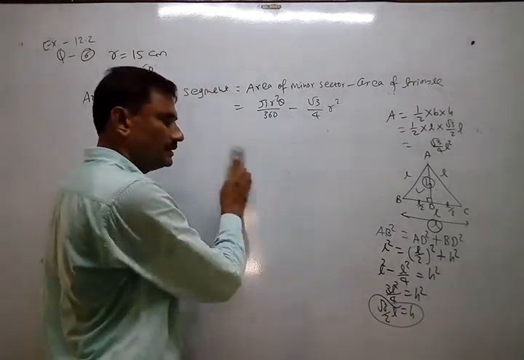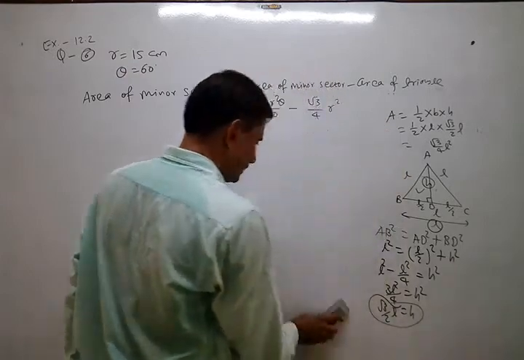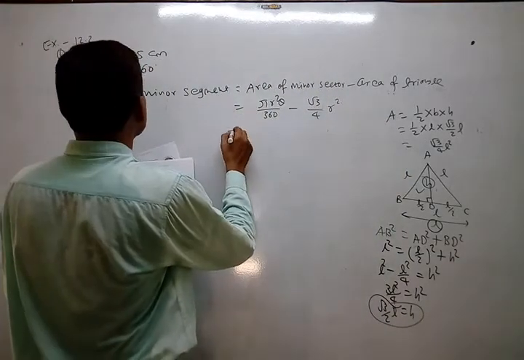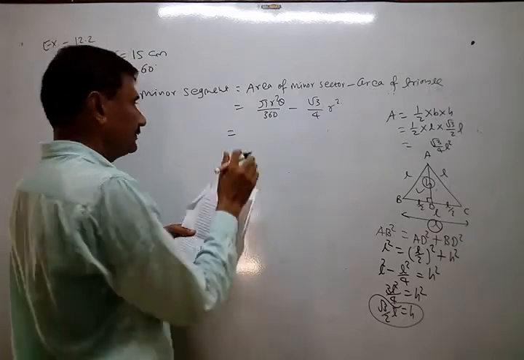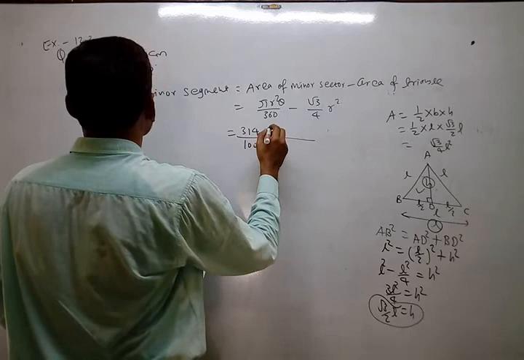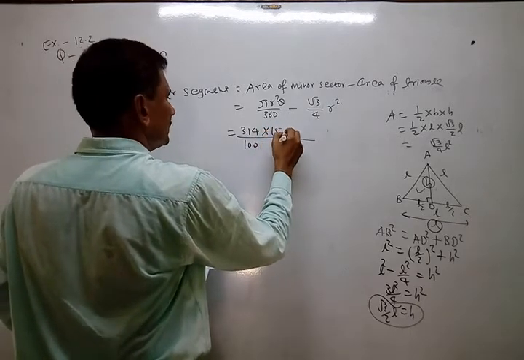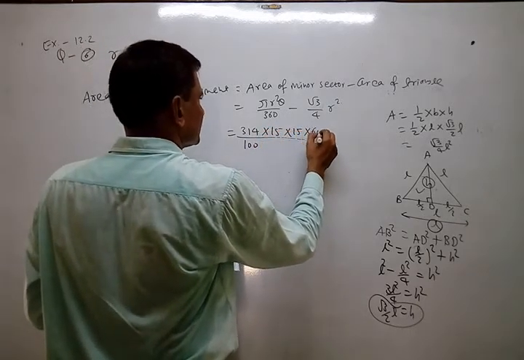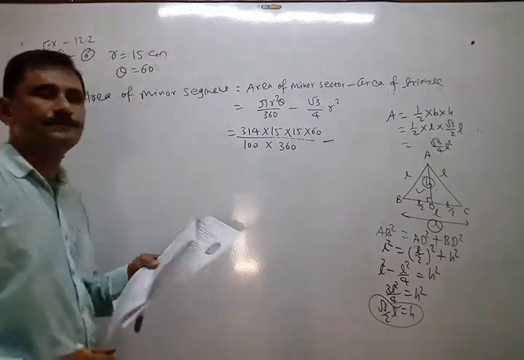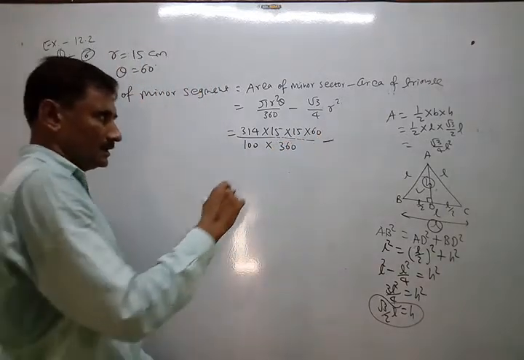Formula of equilateral triangle. Now place some values. Pi's value is given, 314 upon 100, into 15 into 15 into 60 upon 360, minus root 3.